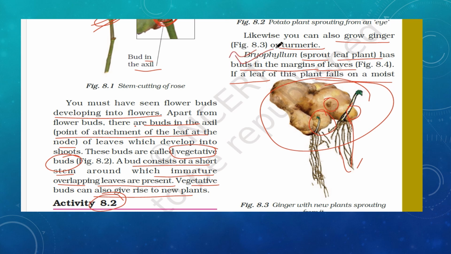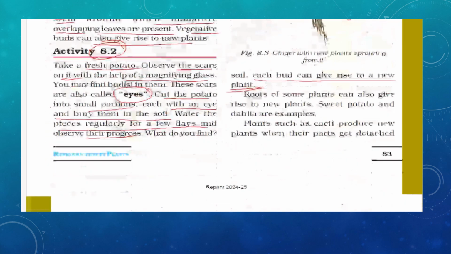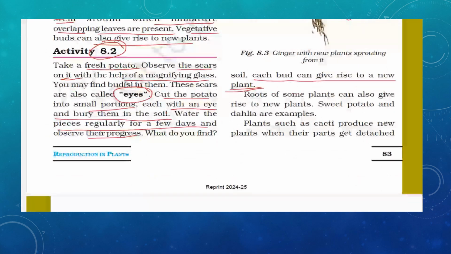And now Bryophyllum, I'll show you how the leaf looks, and they have buds in their margins. If the leaf of the plant falls on the soil, it will give rise to new plants. Roots of some plants can also give rise to new plants, like sweet potato and dahlia. If you plant their roots into another pot, you will get new plants of dahlia and sweet potato.